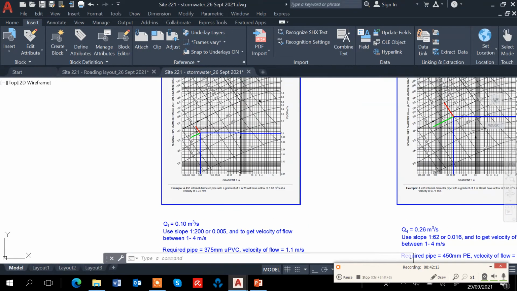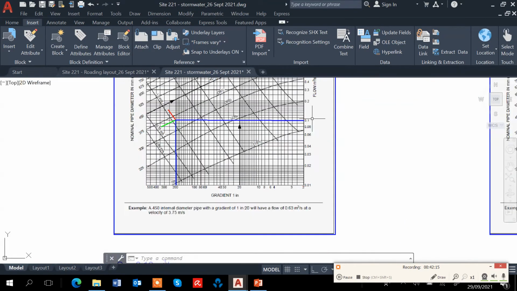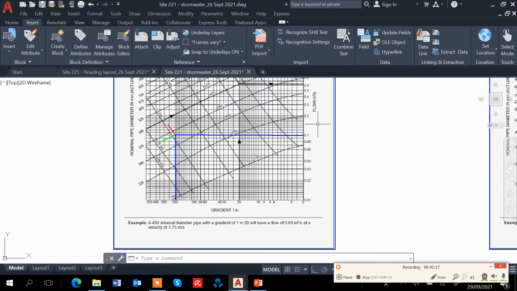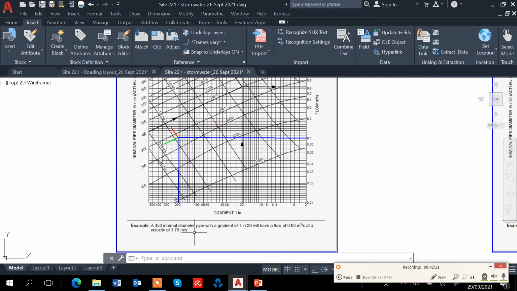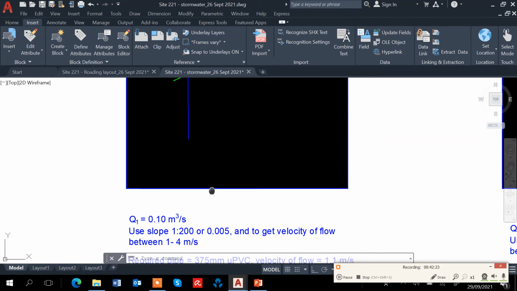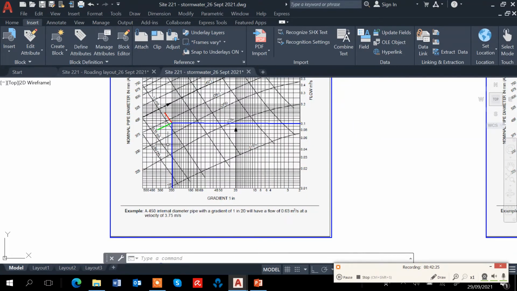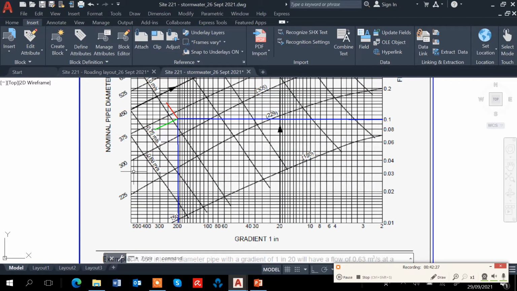So I got between 300 and 375, and I will have to choose the bigger one, 375.